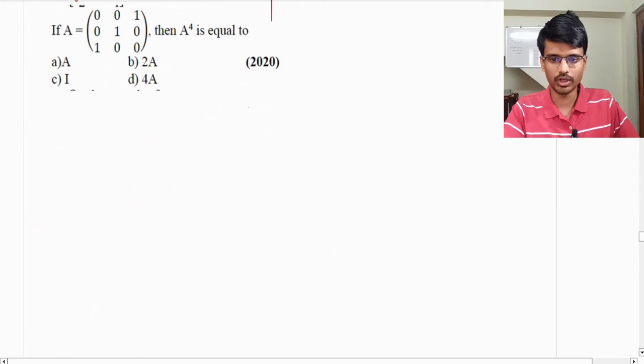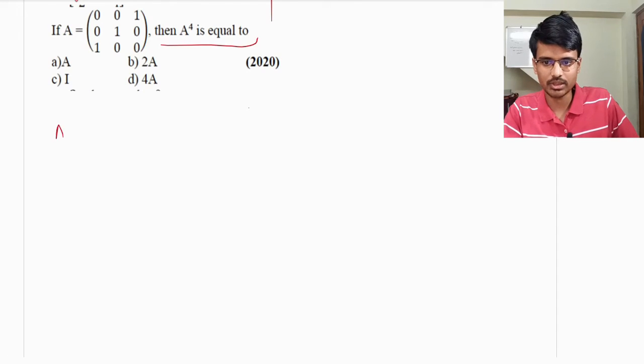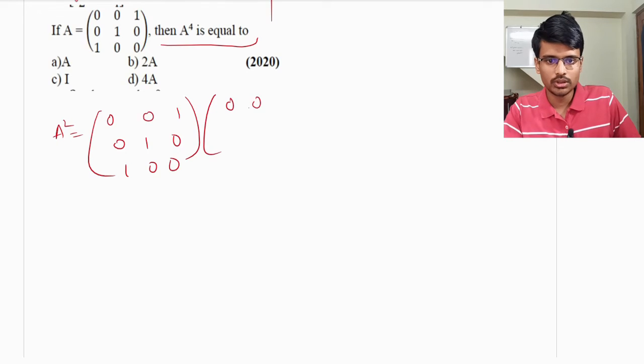Moving on. Okay, so if A is this matrix, then what is A power 4? First let me check what is A square at least. Okay, 0 0 1, 0 1 0, 1 0 0, times 0 0 1, 0 1 0, 1 0 0.